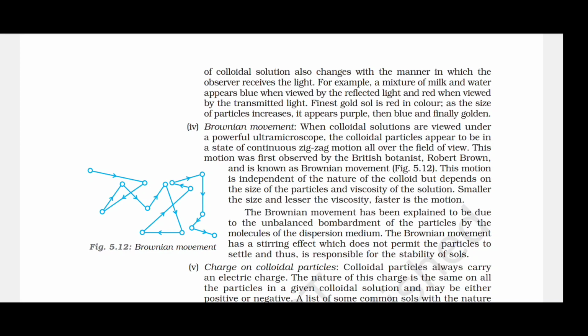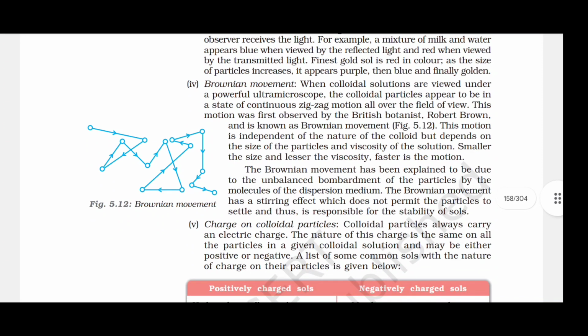Fourth, Brownian movement. When colloidal solutions are viewed under a powerful ultramicroscope, the colloidal particles appear to be in a state of continuous zigzag motion all over the field of view. This motion was first observed by the British botanist Robert Brown and is known as Brownian movement. This motion is independent of the nature of the colloid but depends on the size of the particles and viscosity of the solution.